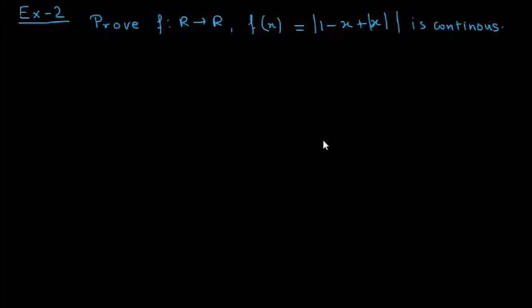Proof function f: R tends to R, fx is equal to modulus of 1 minus x plus modulus x is continuous.